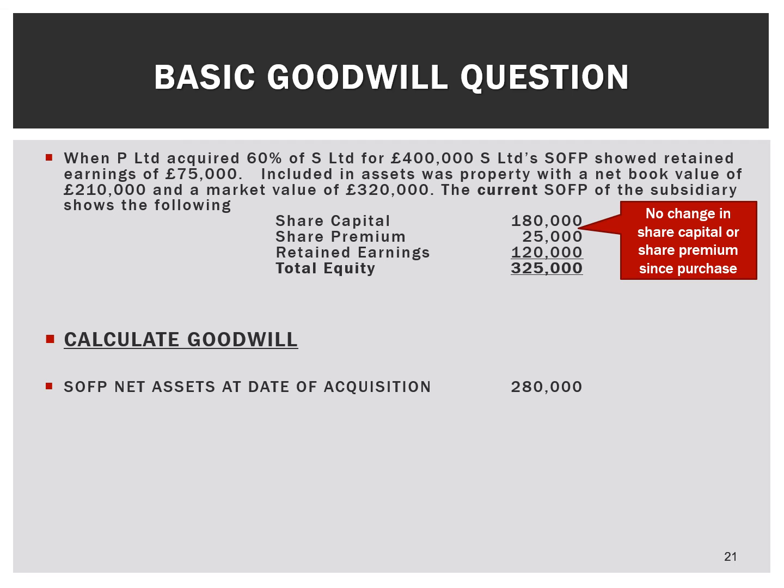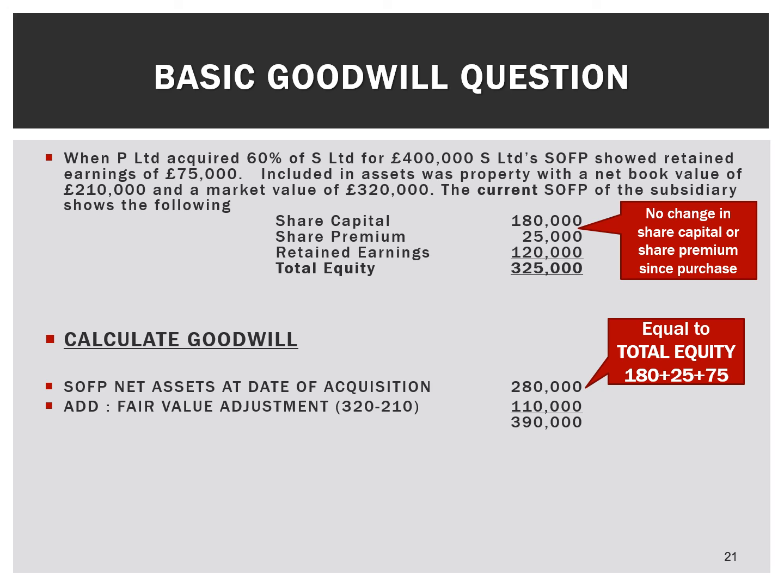So we start off with the net assets of S Limited at the date of acquisition, and remember net assets equals equity, so we actually work out the equity total at that date. So we've got the share capital of 180,000 plus the share premium of 25 plus the retained earnings at the date of acquisition, and that's the 75,000 included in the question. So that's what the statement of financial position, the total would have shown at the date of acquisition, 280,000.